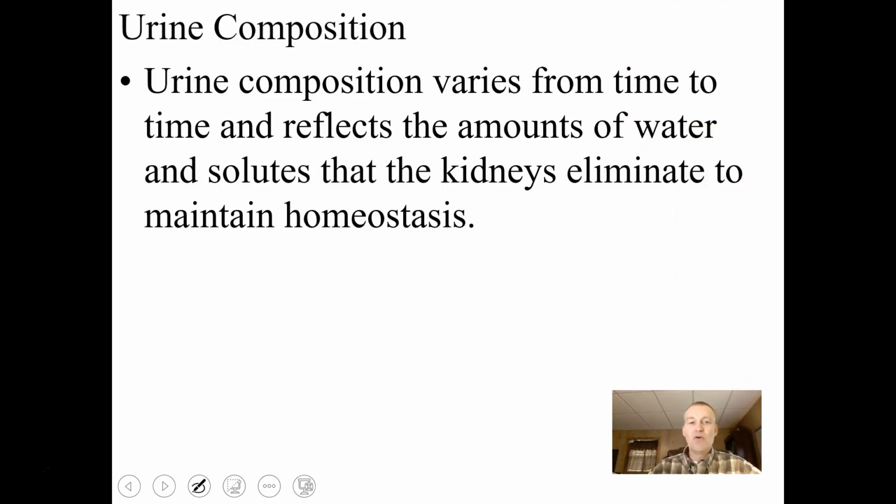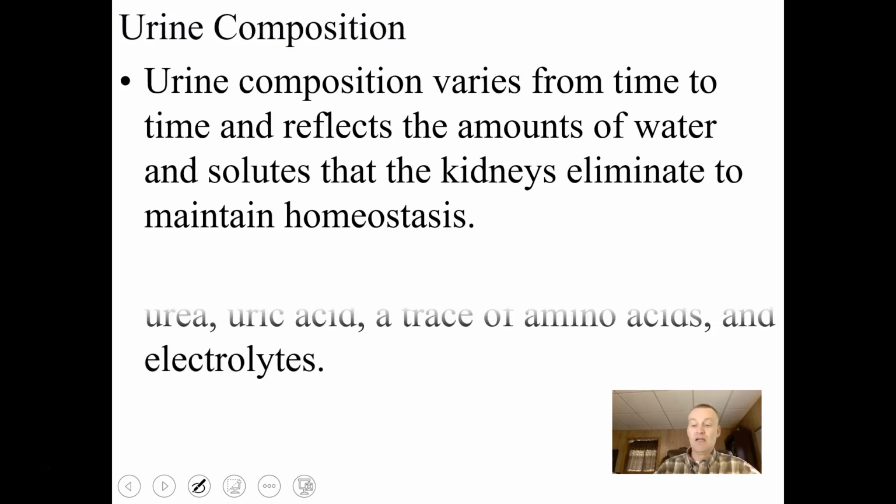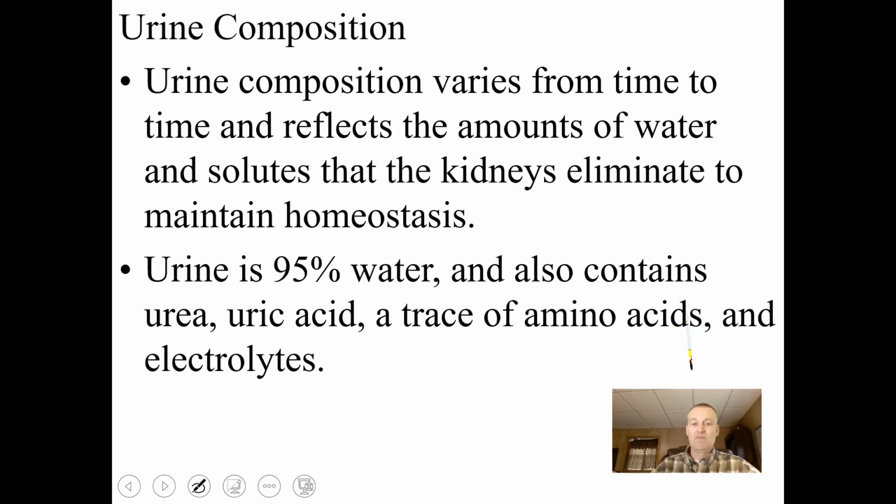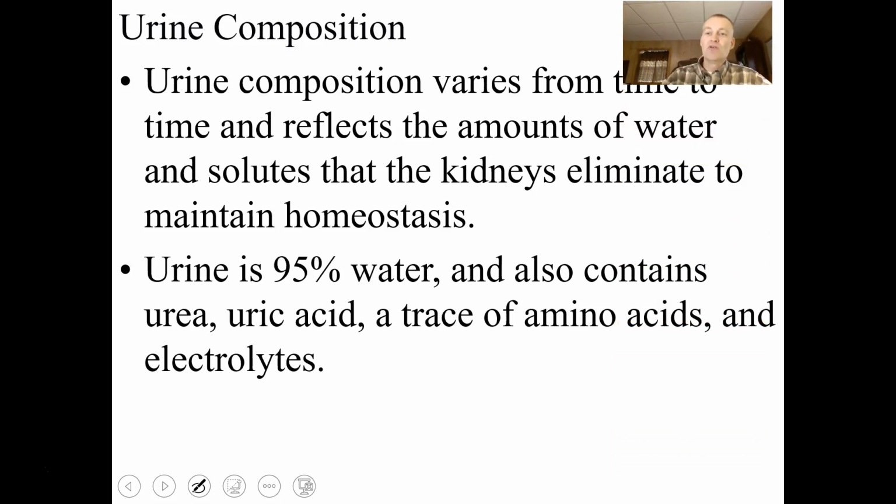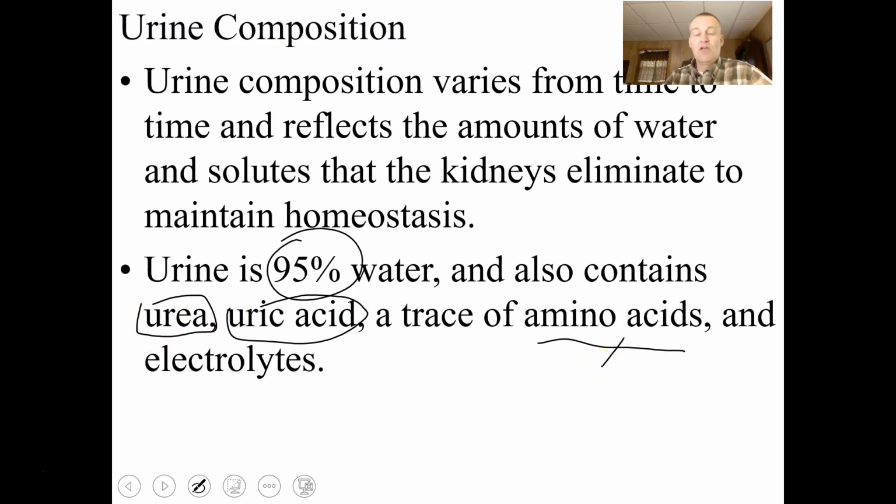Now, your urine composition will, of course, vary from time to time, reflecting the amounts of water you're bringing into your body and the amounts of solutes in your bloodstream that your kidneys are eliminating to help maintain homeostasis. The great bulk of urine is going to be water, though. 95% of urine is water, but it's going to contain those breakdown products: urea, uric acid, ammonia, trace amino acids, trace levels of sugar.